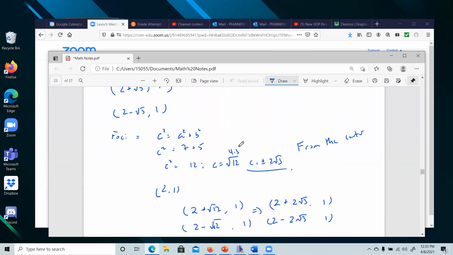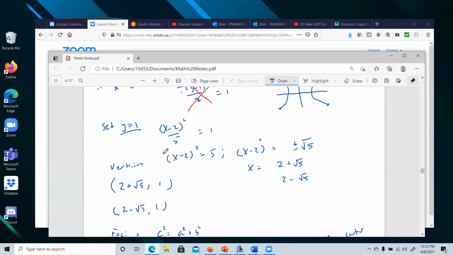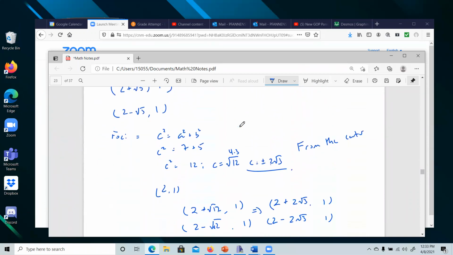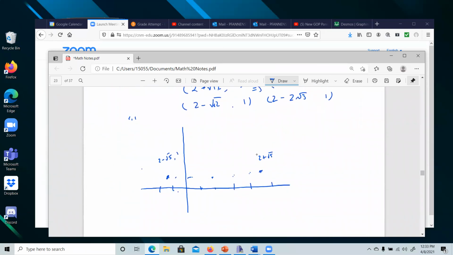What we have to do at this point is move root 5 over from 2 and root 7 up. So here we're moving root 5 over from 2. We have to move root 7 up. So maybe about there, maybe about here. So what is this point?